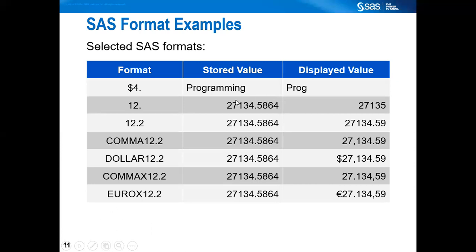This is your original data with digits and decimals. The format applied is 12 dot. 12 dot means it's just a width, so you're telling the total width should be 12. But originally your data has how many width? 1, 2, 3, 4, 5, 6, 7, 8, 9, 10. It's 10 width, but you're giving an extra width, and no decimal.